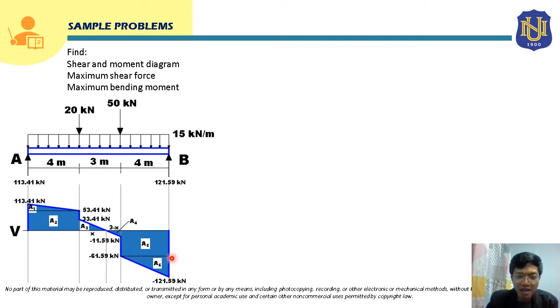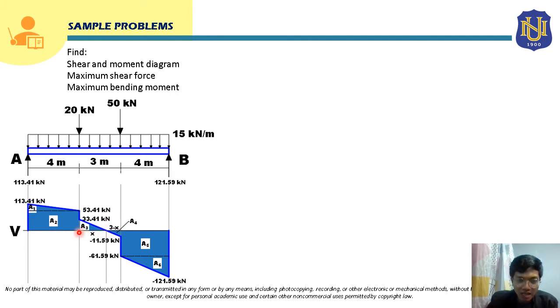And this triangle will be area 6. Okay, so class, notice here that the shear will pass through the x-axis at this point. This distance from this point up to where the graph passes through the x-axis, we don't know.